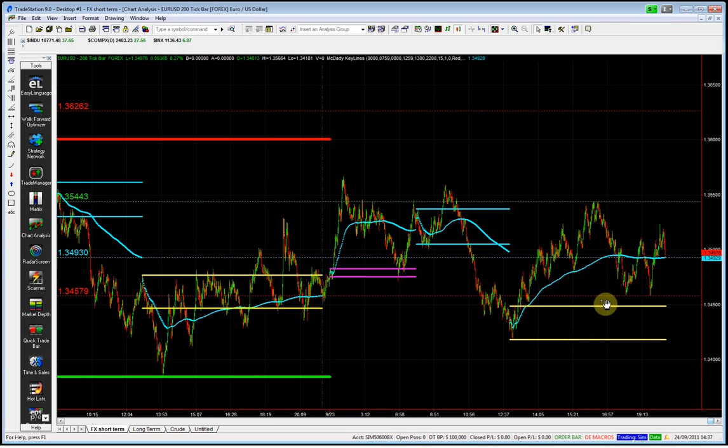You'll notice that this short point here is quite aggressive, given that at this level here we should expect more confirmation to the downside. There's going to be more stops being triggered here, and even more being triggered at the one-day low. But our bias is to the downside in this Euro dollar.